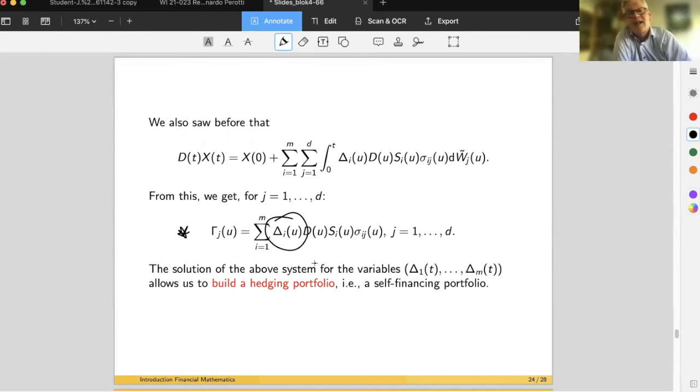And you see the time dependency, it is not a constant number of stocks, right? It should change from time step to time step. We should adapt the number of stocks in our portfolio as a writer in order to match the option value.